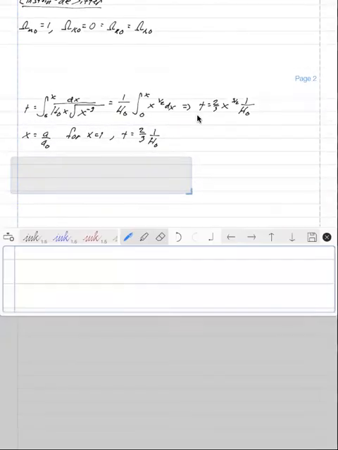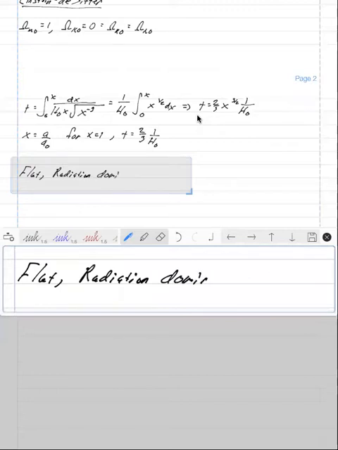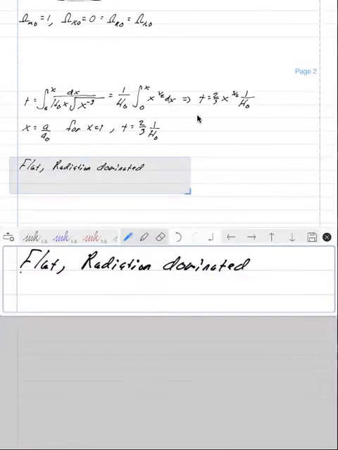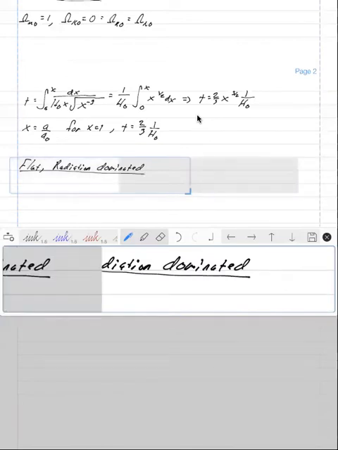All right, so we can do this for some other interesting analytic cases. Let's consider a flat, radiation-dominated universe. This is one in which the energy density of the universe is dominated by photons just flying around.